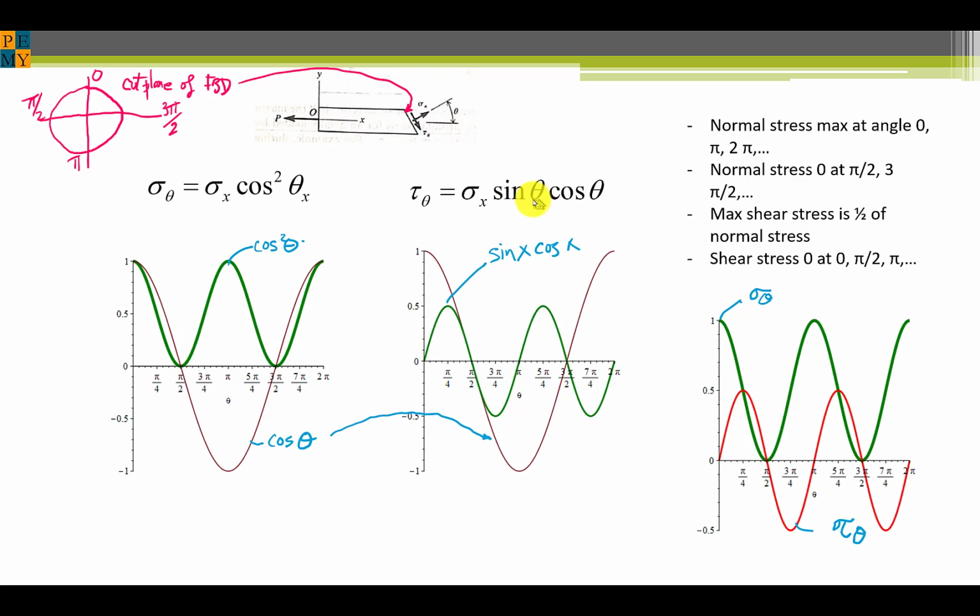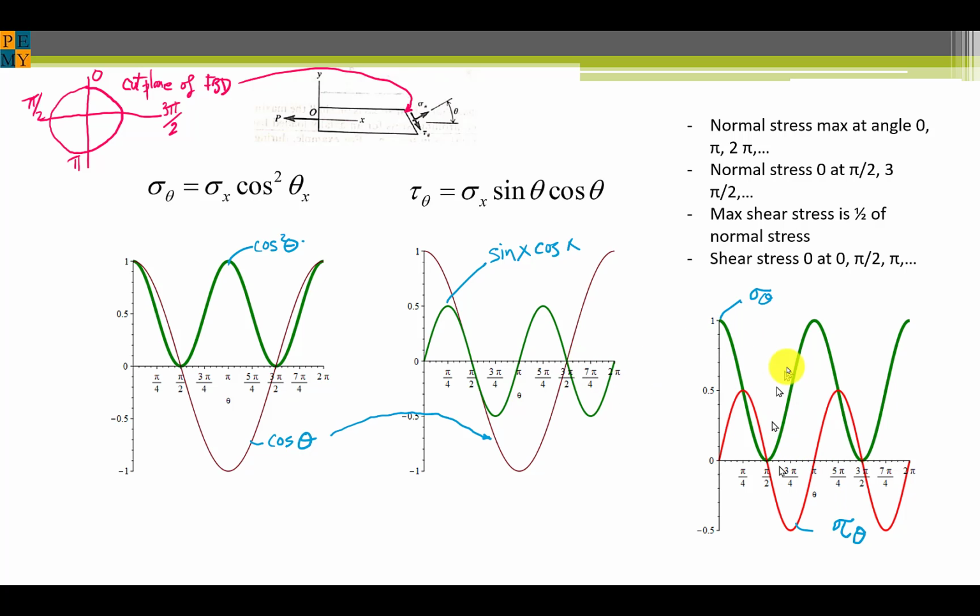If we look at the shear stress trigonometric function here, sine theta, cosine theta, a couple of features stick out. It has the same doubling of frequency effect here, but it is only half of the magnitude. It's 0.5, so the maximum value of sine theta, cosine theta is 0.5, but it also goes from positive to negative to positive, and it doubles in frequency also.